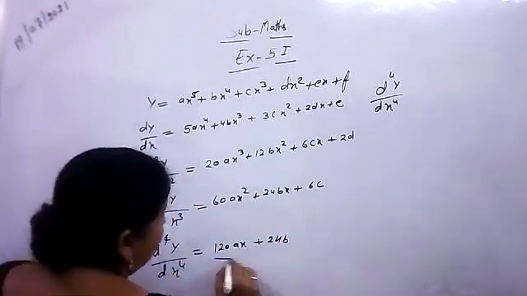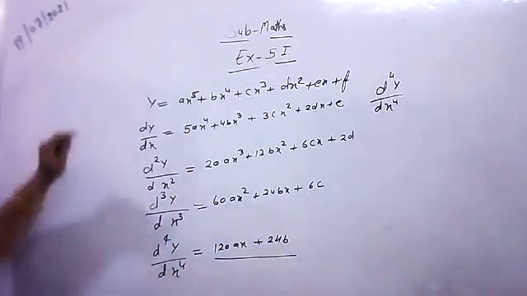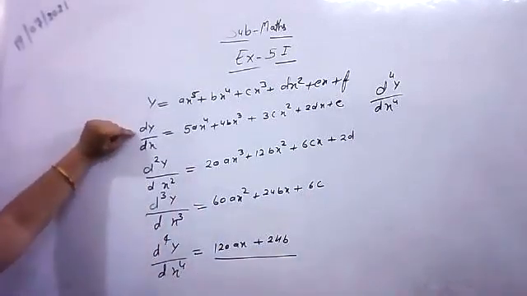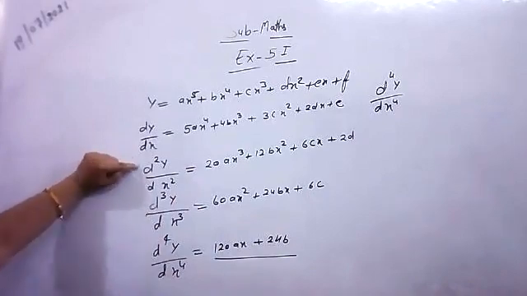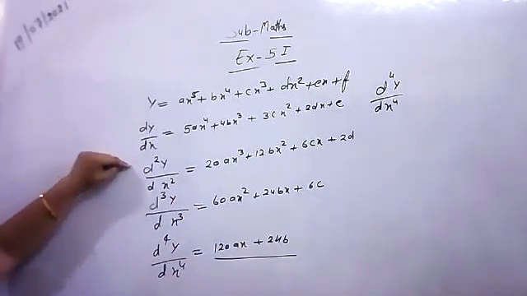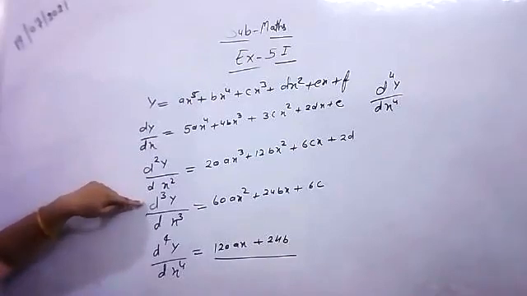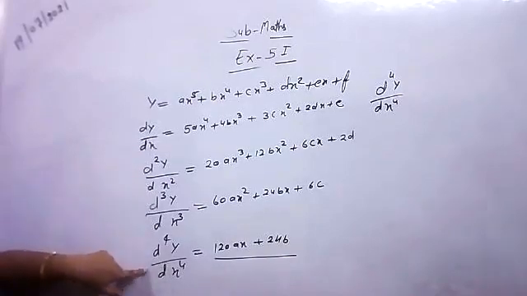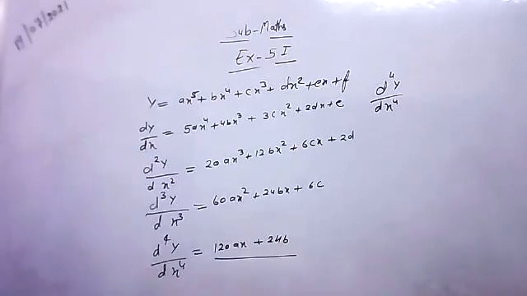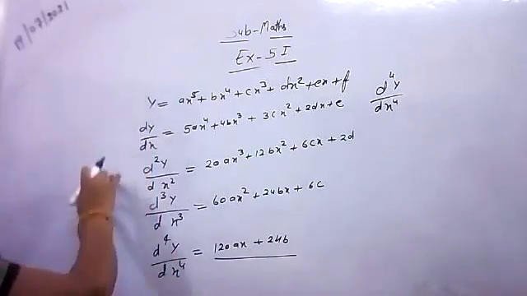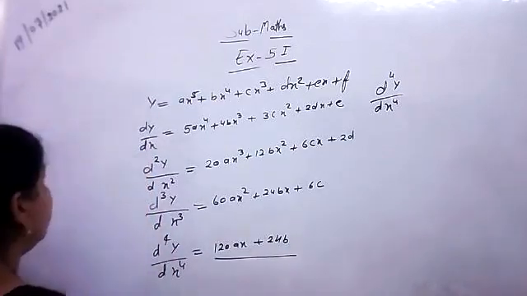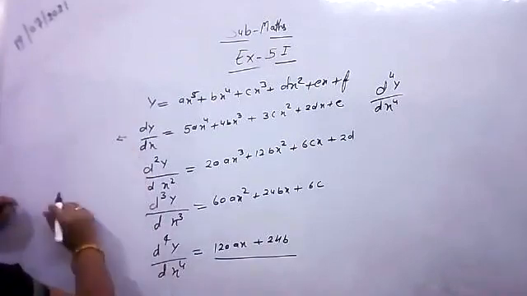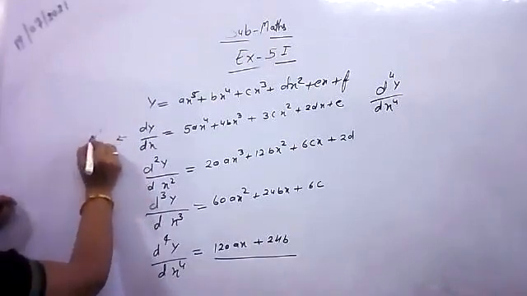So final answer. If we differentiate one time, we find dy upon dx. If we differentiate this equation two times, we write d2y upon dx2, and here is three times, and here is four times. Now this is denoted in many different ways.